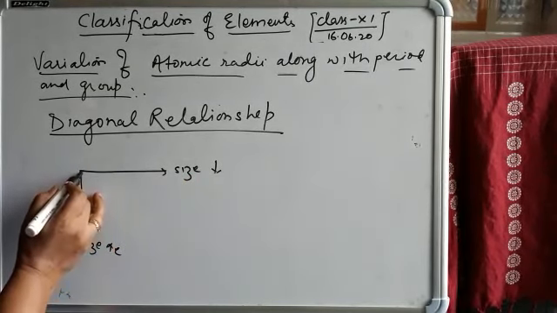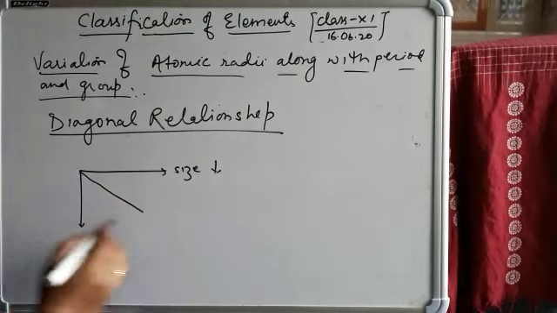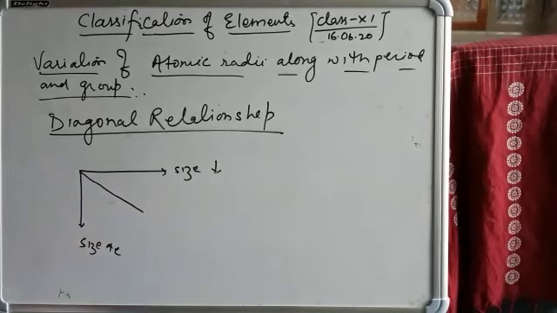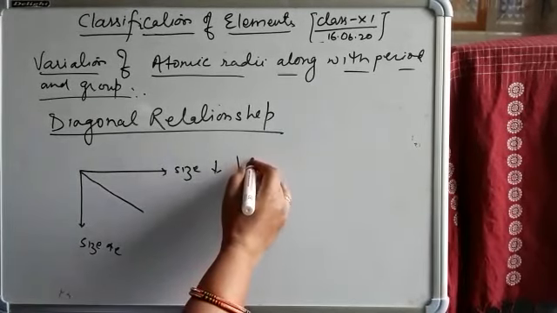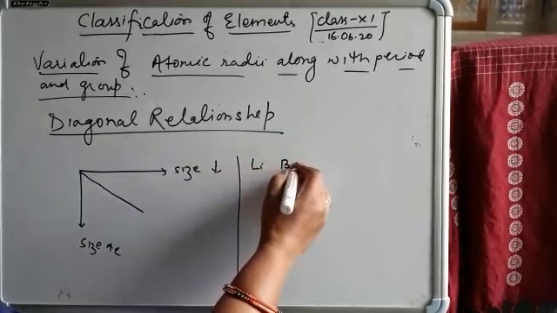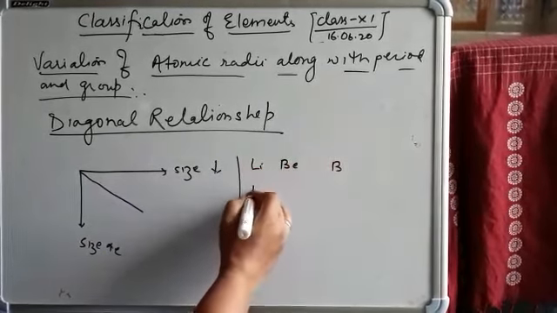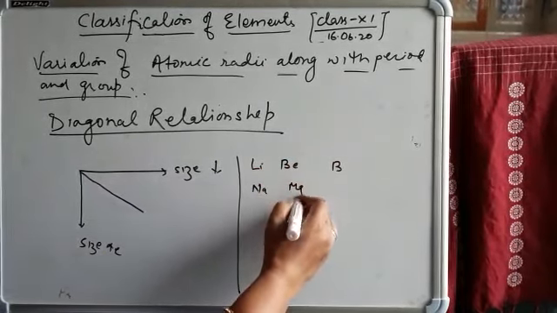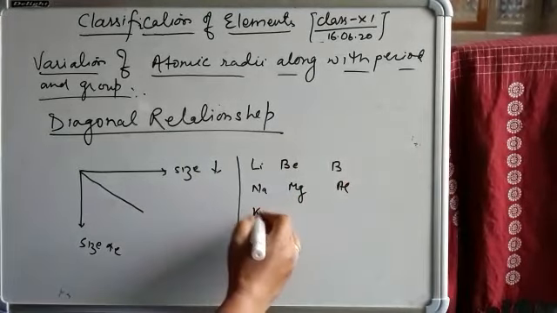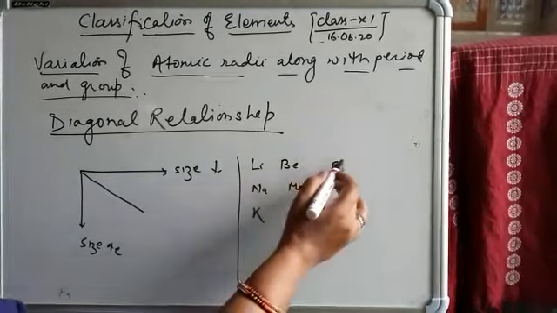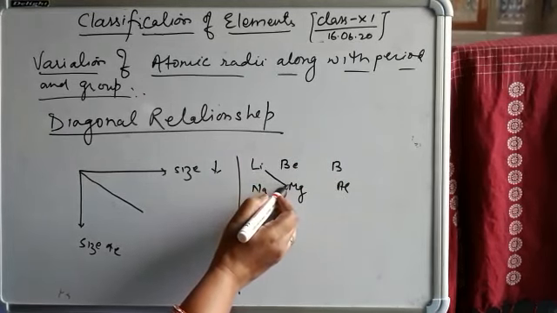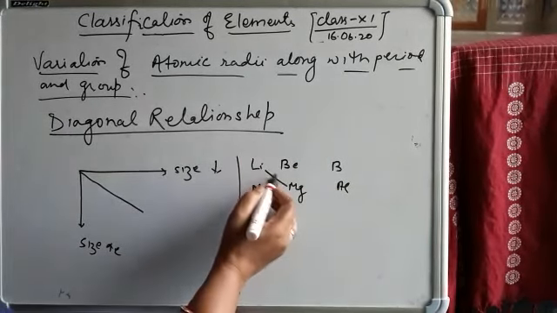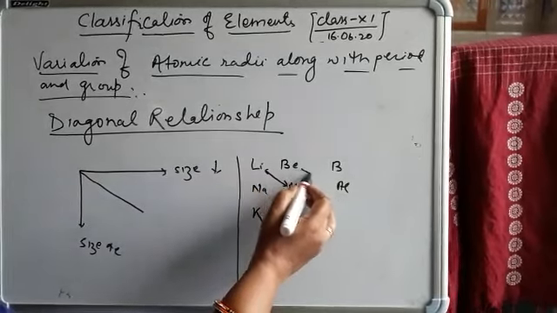And here the elements have the same property. For example, lithium, beryllium, boron, sodium, magnesium, aluminium. So when we move left to right in a period or top to bottom, the atomic size is almost the same. So if the atomic size is almost the same, their properties will also be the same.